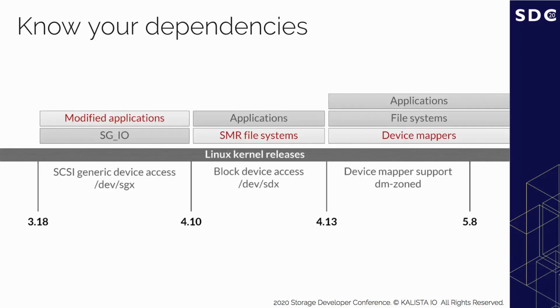Currently, enabling host-managed SMR on a system depends on your kernel version and your ability to access and modify application source code. For example, if you're running with kernel 4.8, then you will need to modify and recompile your applications for host-managed SMR to work.